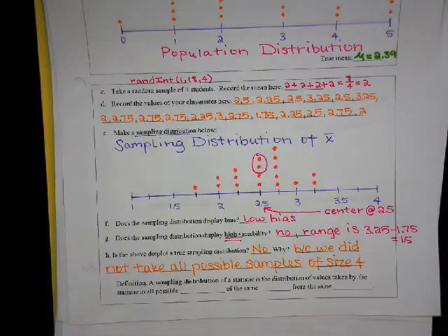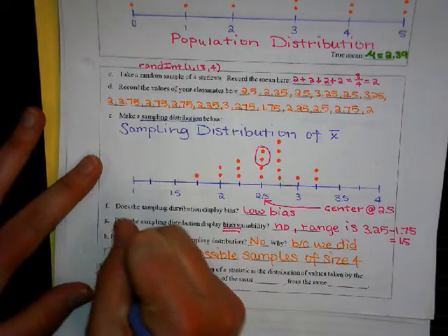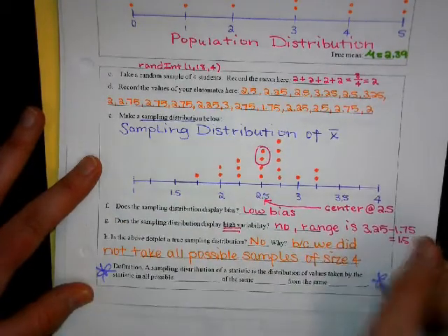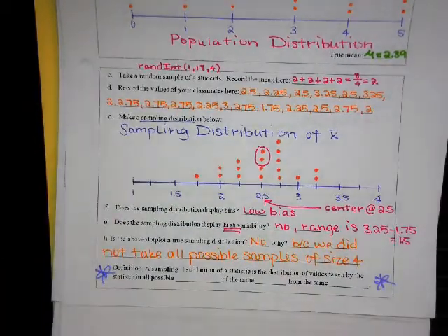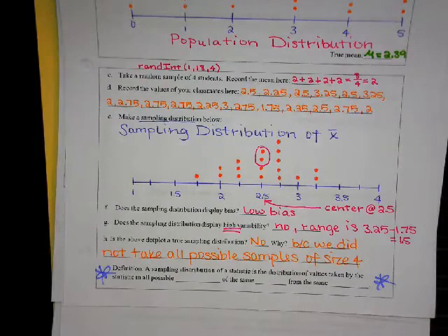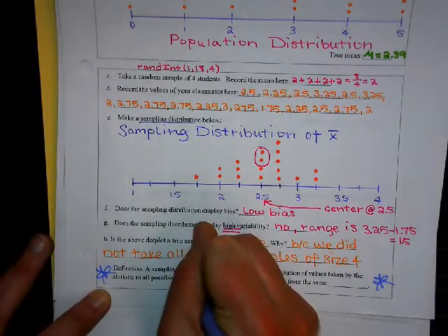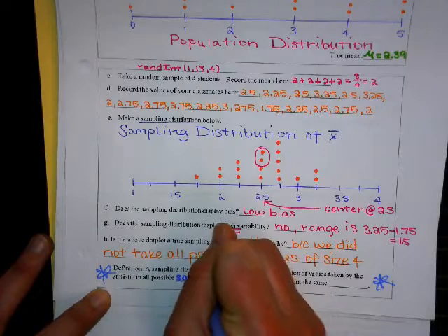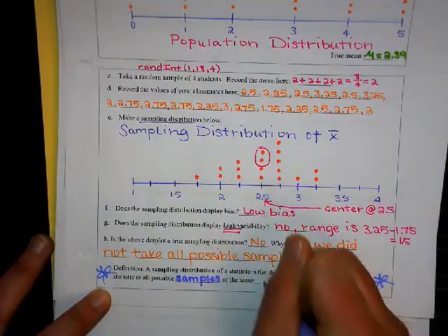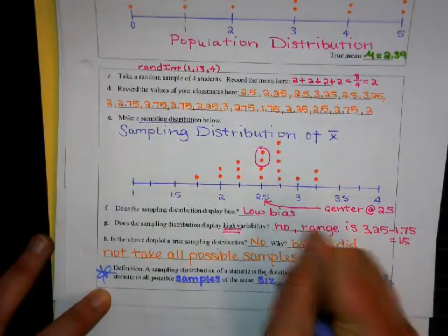A sampling distribution of a statistic is the distribution of values taken by the statistic in all possible samples of the same size from the same population.